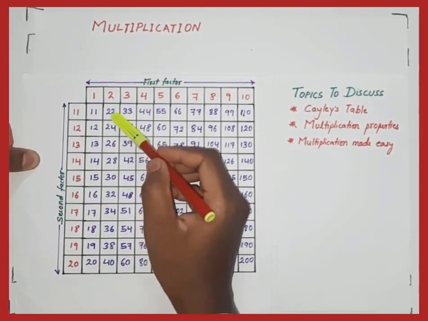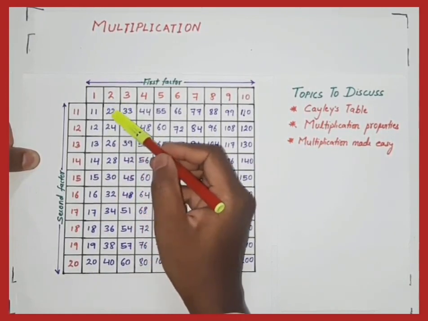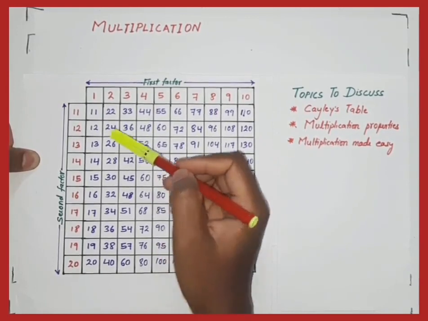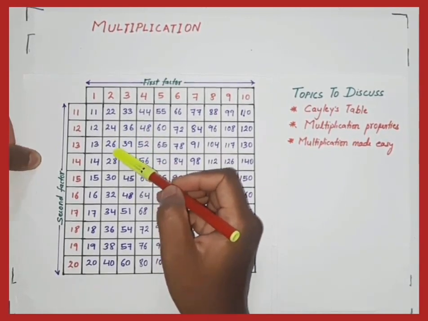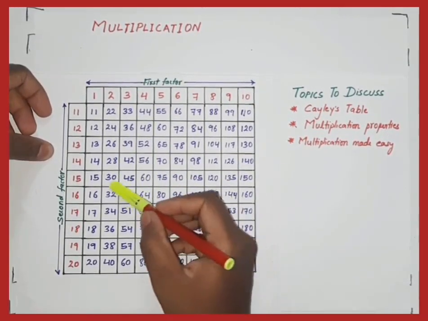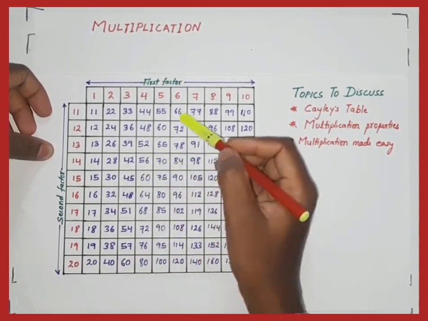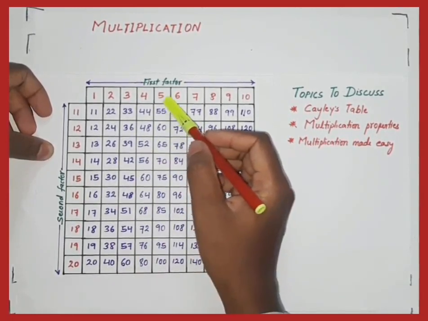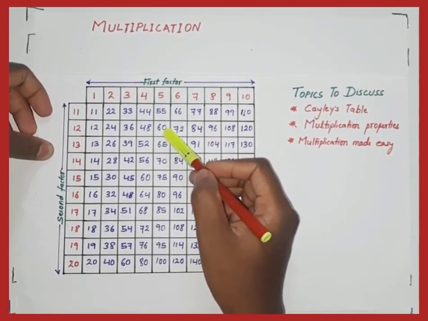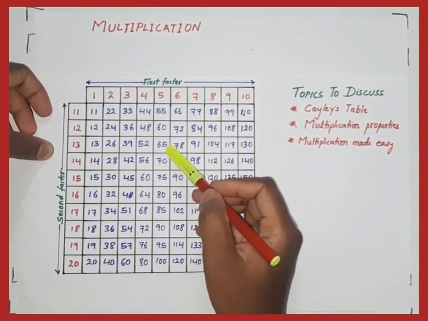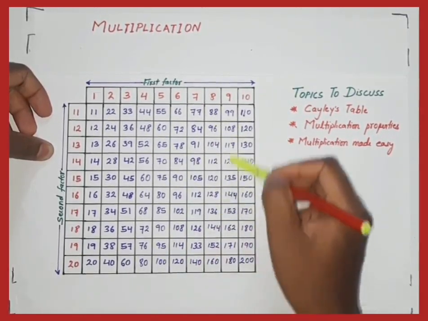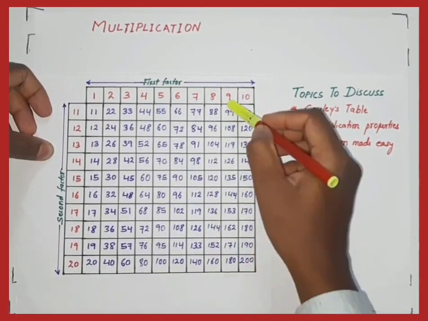Similarly, in the table for 2, it is increasing by 2, that is 22 plus 2 is 24, 24 plus 2 is 26, 26 plus 2 is 28, 28 plus 2 is 30. Similarly it is increasing, okay. If you see in the place of 5, all are increasing by 5, 55 plus 5 is 60, 60 plus 5 is 65, 65 plus 5 is 70, isn't it? Similarly for 8 also, 9 also, we are increasing by 8, increasing by 9.